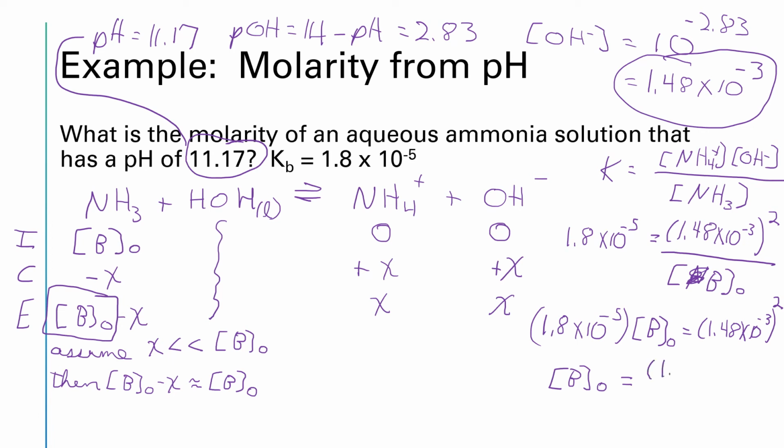So writing this all one more time, 1.48 times 10 to the negative 3 squared, and all divided by 1.8 times 10 to the negative 5. That will give us a number for B naught. So let me run that through my calculator. I've got the 1.48 times 10 to the negative 3 already showing. So now I'm going to square that and divide by 1.8 times 10 to the negative 5.